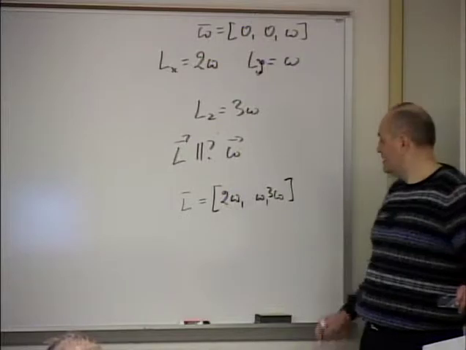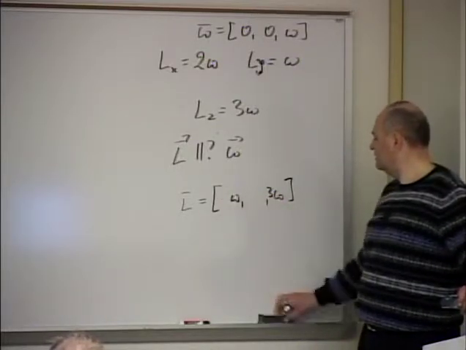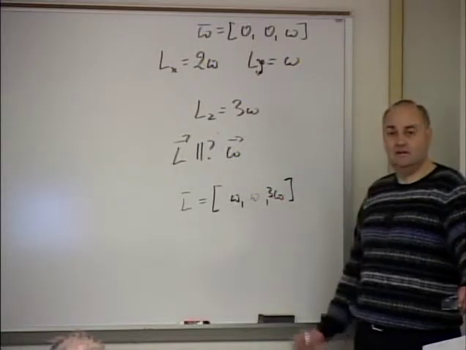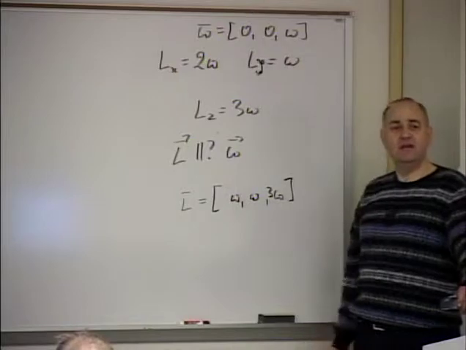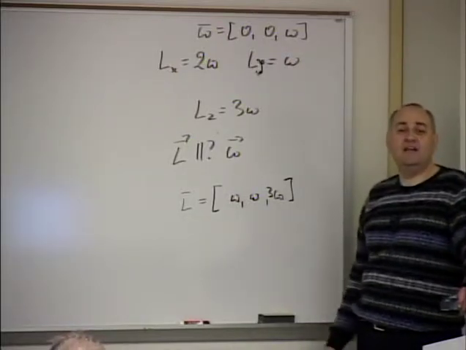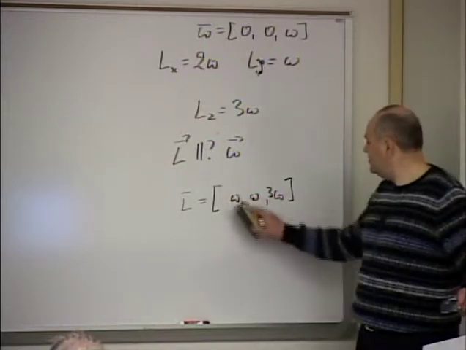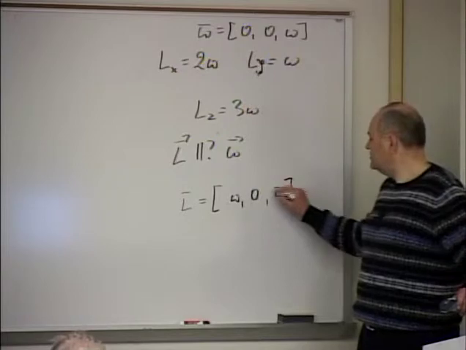No. How about if I change it to omega, omega, 3 omega? Is this vector parallel to vector omega? No. What should I do to make it parallel? How about this vector, omega, 0, 0?